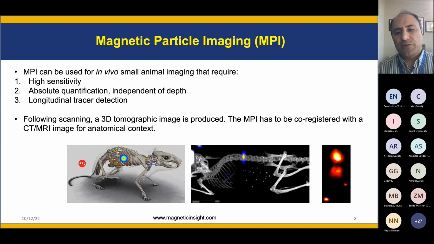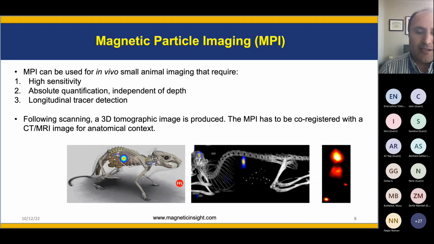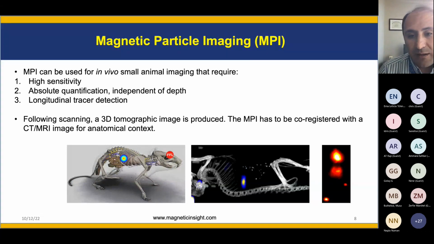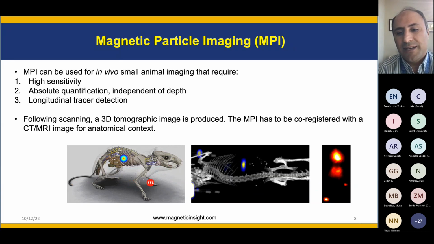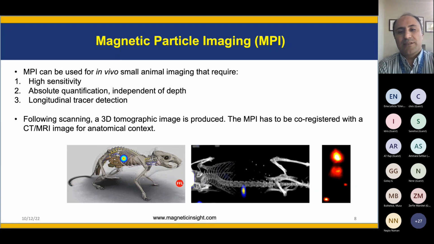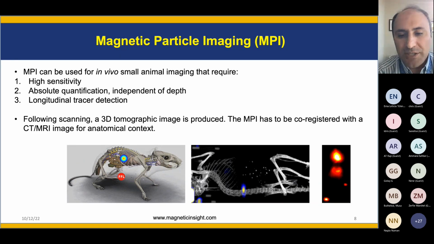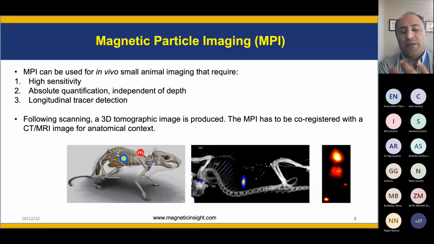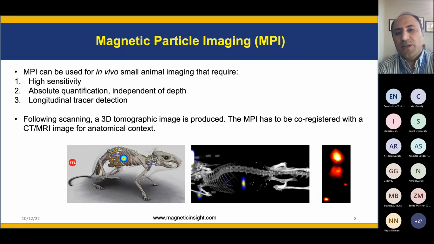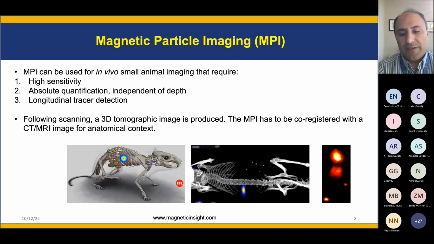We can do co-registration of the MPI dataset on the CT dataset, and it's not a big deal. But the other problem is the poor resolution of this technique. So I know engineers are working on this technique to improve the spatial resolution.